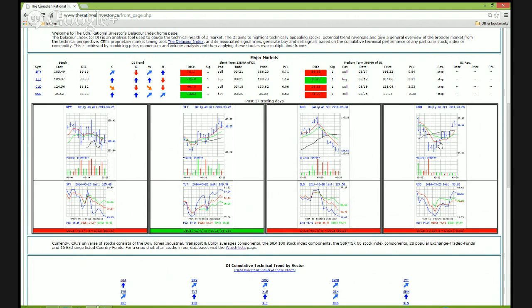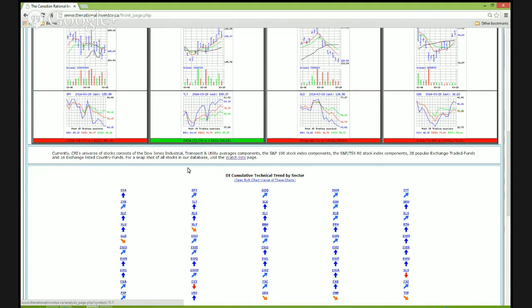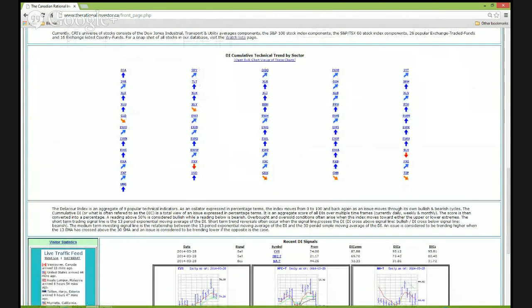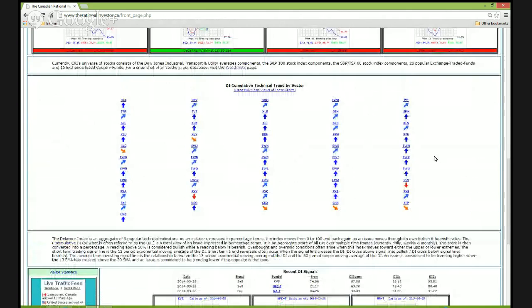Daily, obviously, as you can see by this price chart, is bullish. Weekly and monthly are also. So short-term signals, we have a nice little buy working on from the 26th, and a sell on the medium term. I like to give a nice cumulative reading of the technical signals on this front page, so you can see what sectors are attractive.